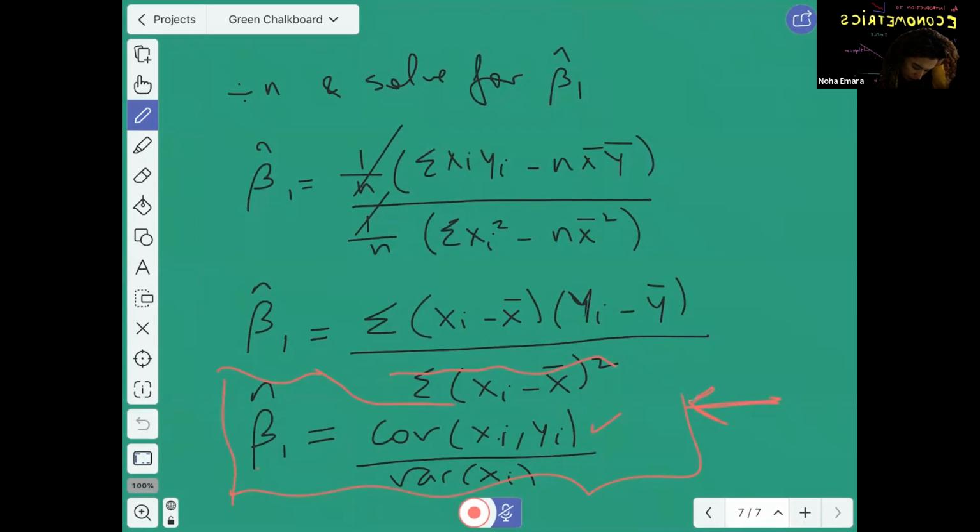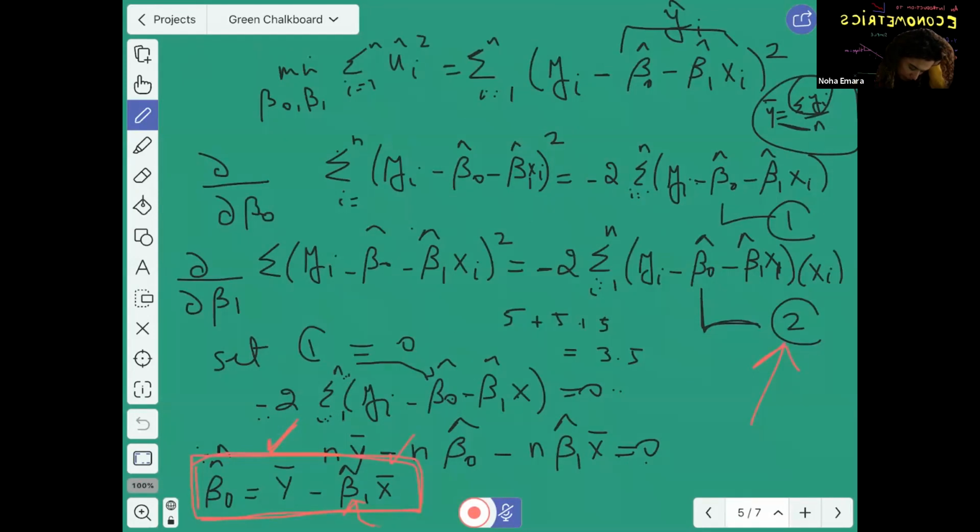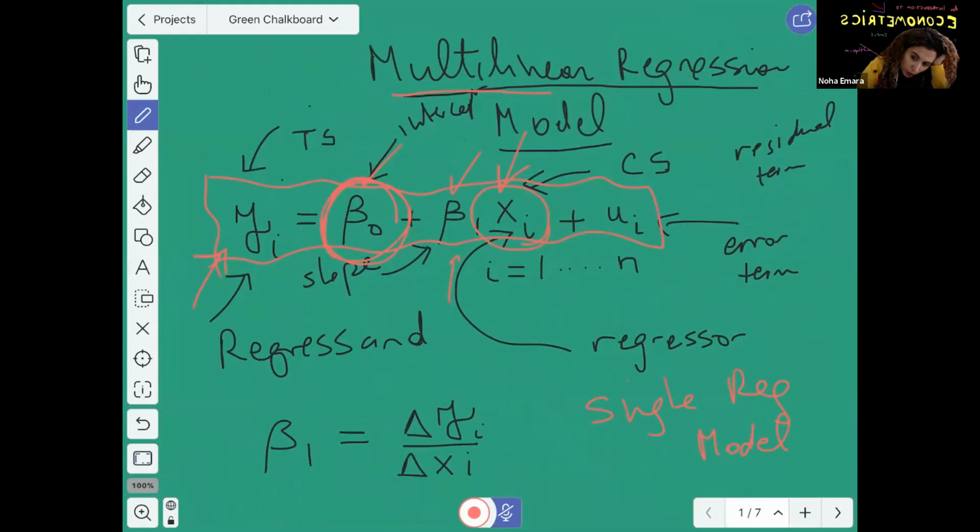That means if I have any data set, I can use it to get the slope. And once I get the slope, I can plug it in here and multiply it times x bar, and then I have y bar from the data to get the intercept. Then I can find the beta naught and the beta 1 of this relationship. In other words, I can get the estimated y.